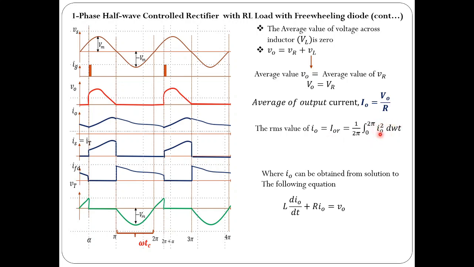In order to compute IOR you should know I0, and the mathematical expression for I0 can be obtained by solving the equation L into di0 by dt plus R into I0 is equal to V0. And the input power factor is equal to IOR square into R by Vs into Is, that is the power absorbed by the load over the power delivered by the source, Vs into Is.